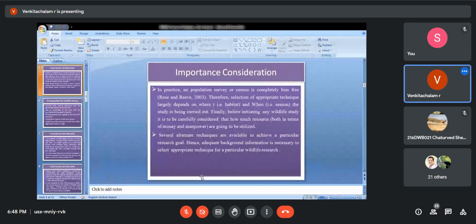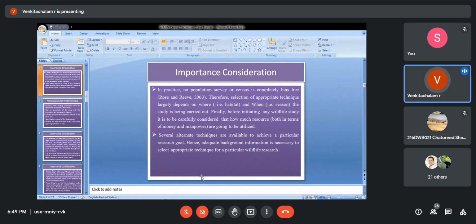It is very difficult to say the exact number of the population in a given area, or to tell the accurate number of species. That's why no population survey or census is completely unbiased, and the selection of an appropriate technique largely depends on the habitat, the season, and the study being carried out.